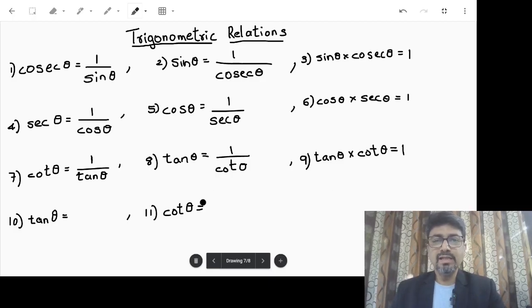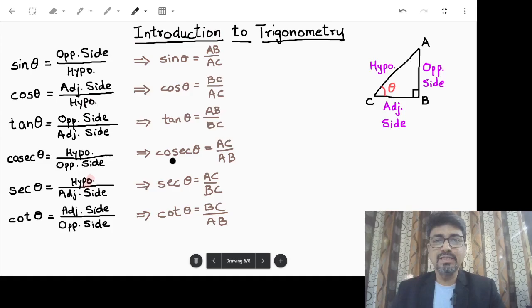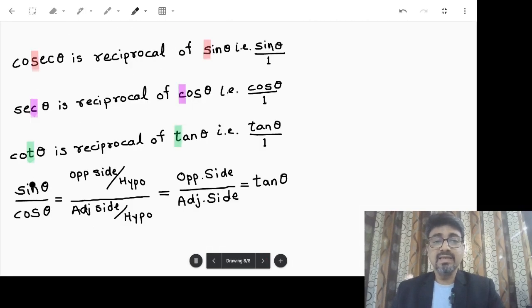Now, let us go back and look at the definitions of sine theta and cos theta. Sine theta was opposite side upon hypotenuse. Cos theta was adjacent side upon hypotenuse. Now what if I take sine theta divided by cos theta, or sine theta upon cos theta? That will give me opposite side upon hypotenuse divided by adjacent side upon hypotenuse.